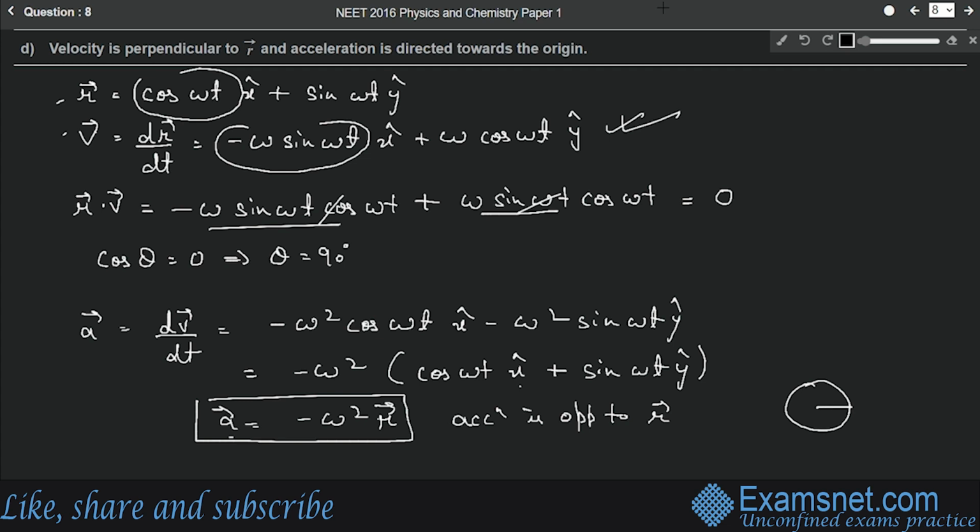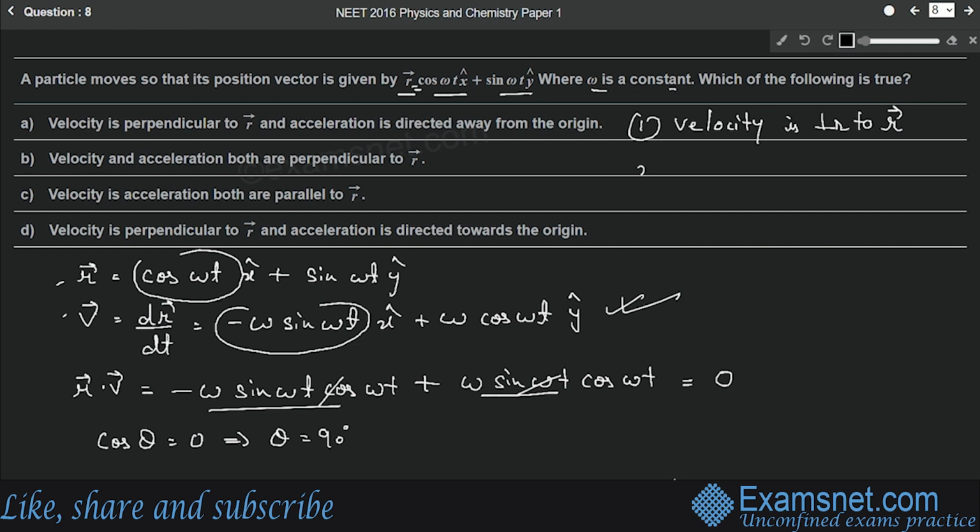So position vector is directed outside, that means acceleration will be directed towards the origin, opposite. Okay, so the second conclusion is that acceleration is directed towards the origin, because position is always away from the origin.